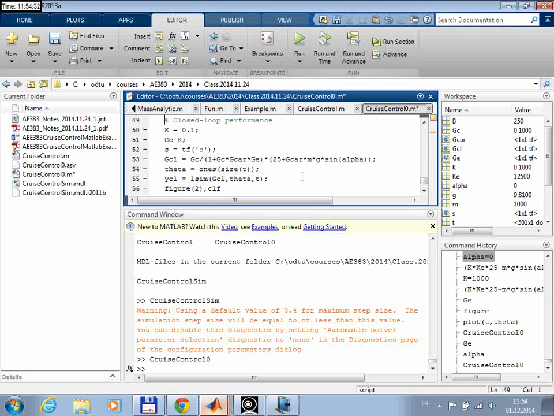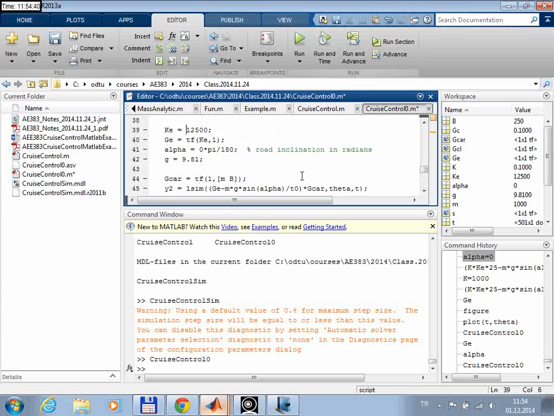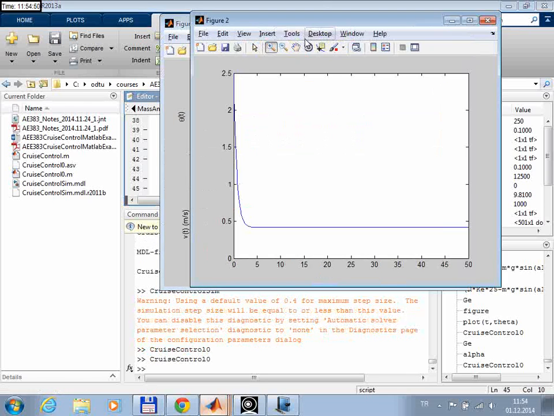First I start with the smaller value of k, 0.1, and let me check. The engine parameter is the ideal parameter, and alpha is equal to 0. So this is the ideal case. Let me run this code and take a look at the gas pedal position.